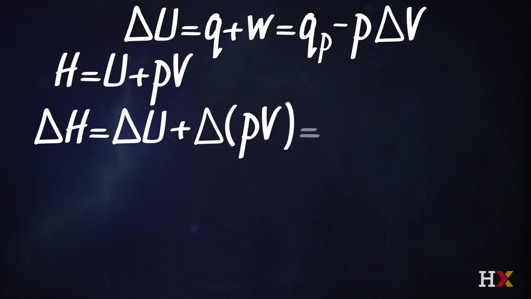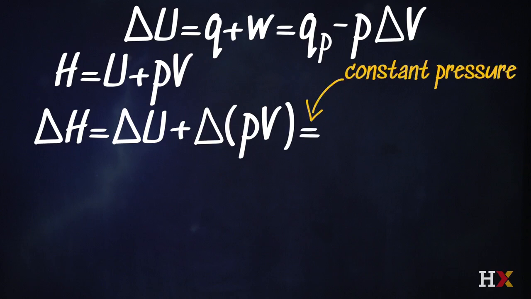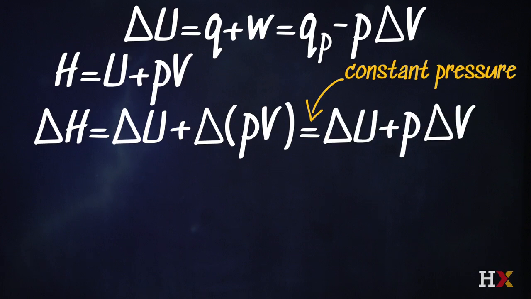But now let's suppose we take a condition for constant pressure. When we do that, we can write delta H as delta U plus constant pressure times delta V.